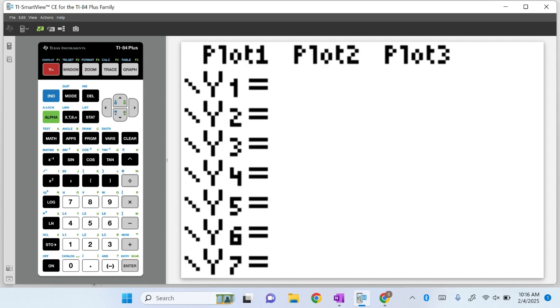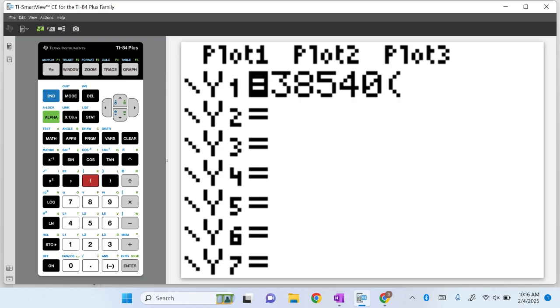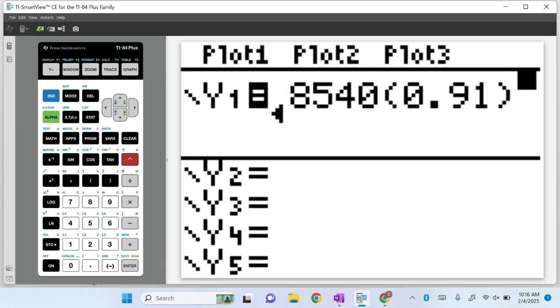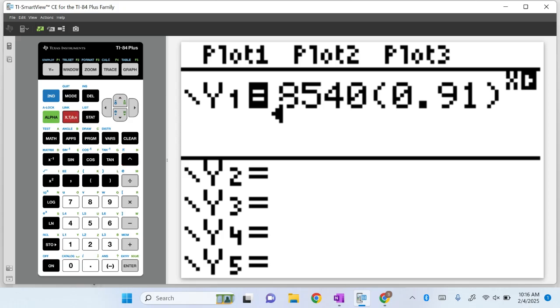And you're going to type in our original equation that we found in part A. So 38,540 times 0.91, all raised to the x power. Remember, your variable key is right next to that green alpha key. So take a minute, go ahead and type in that function and stop there. Don't hit anything else.